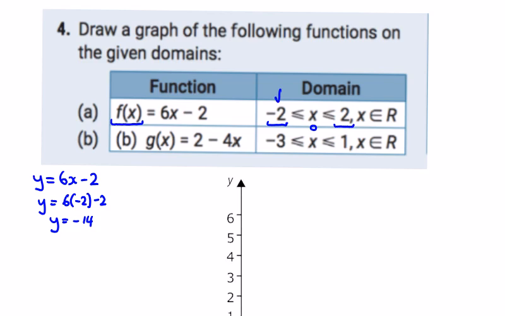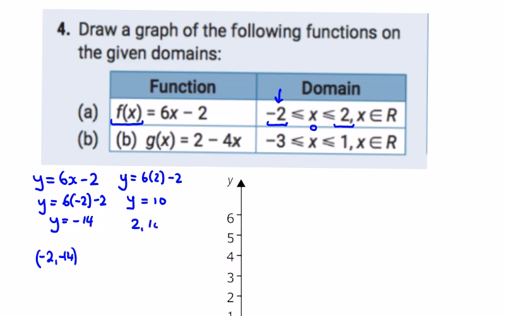That's at the extreme end on the left: the point (-2, -14). At the upper end, if x is equal to 2, we get y is equal to 6 times 2 minus 2, so y is equal to 10.